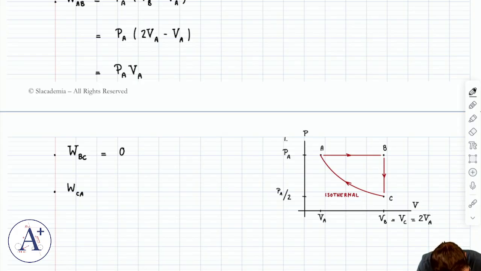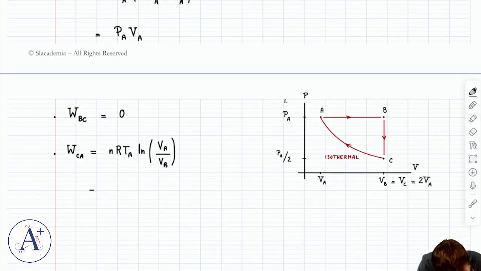And then work from C to A, well, it's an isothermal process, so I'm going to look at my table, and it's going to be NR, TA or TC, it doesn't matter, they're the same, natural log of V final, which is going to be VA, over V initial, which is going to be VB or VC, they're the same.